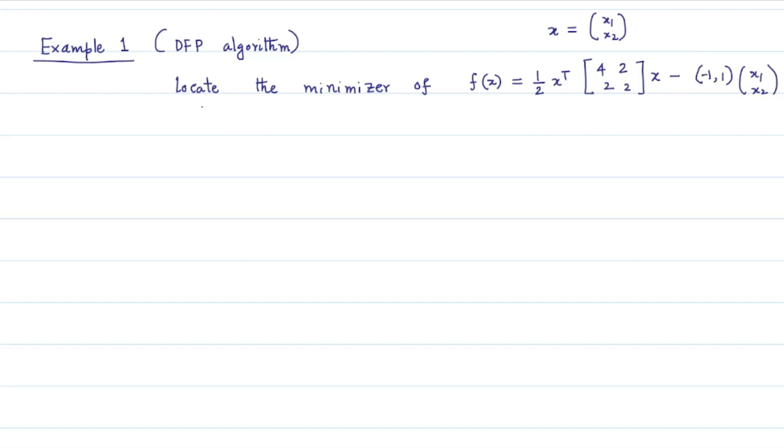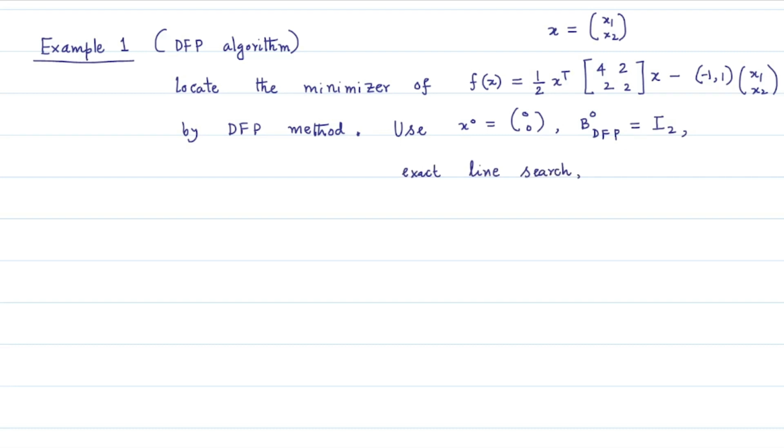We are going to locate a minimizer of this function by the DFP method, and in employing the DFP method we take the initial point as the origin of the R2 plane, take the initial matrix B0 DFP as the identity matrix of order 2 by 2, and use the exact line search for computing the step length, and the termination scalar epsilon is to be taken as 0.01 say.